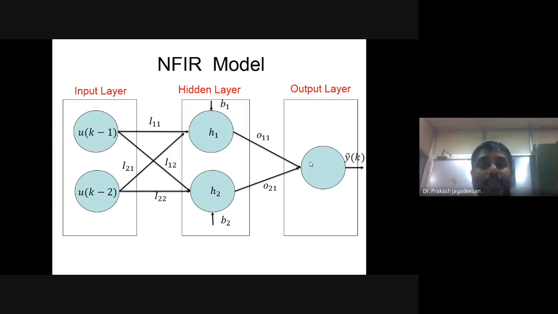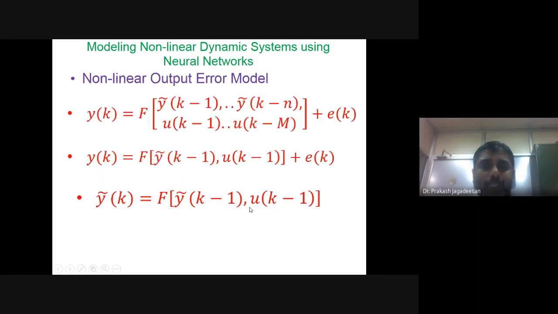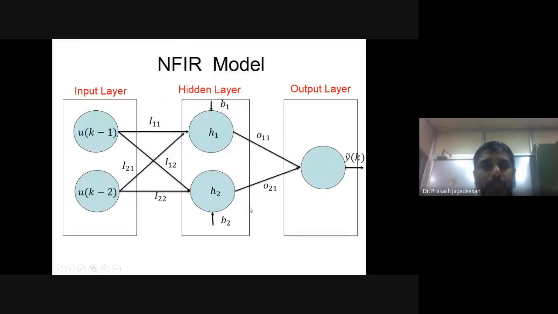In the case of NFIR, as we know, it depends on only u's. I'm assuming that it depends on only u(k-1) and u(k-2). So there are two inputs in the input layer, one hidden layer, and one output, with the same connection weights.